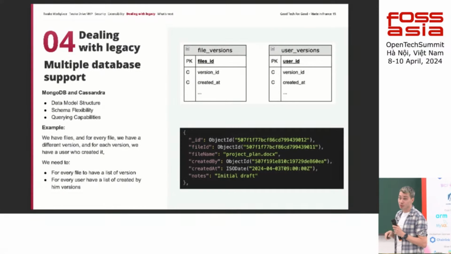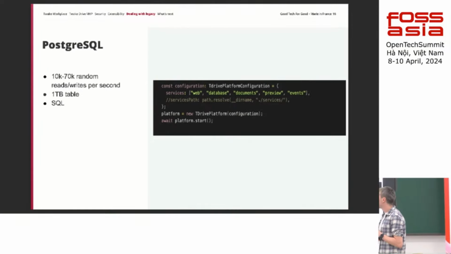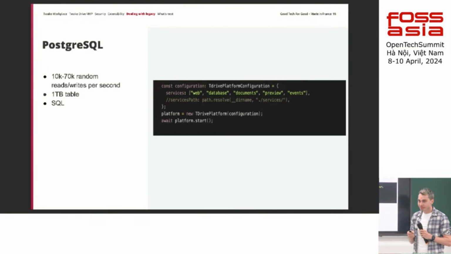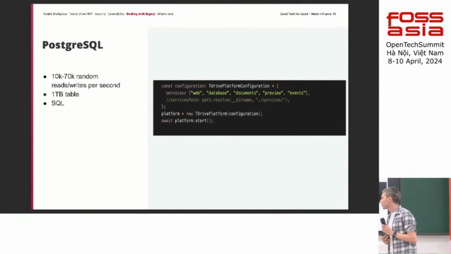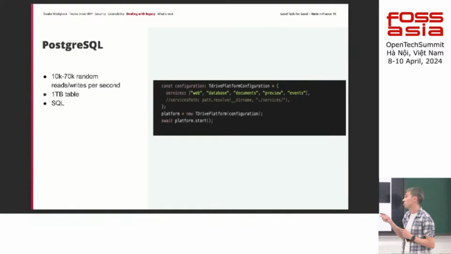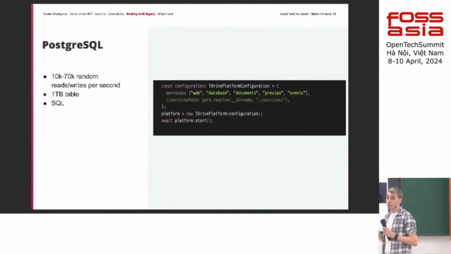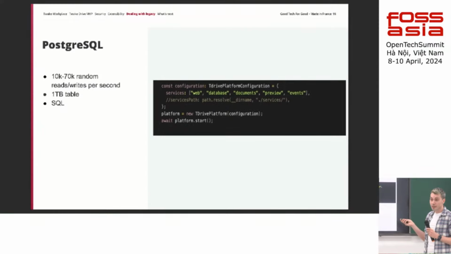So how did we solve this problem? We added support for a third database: PostgreSQL. It's something in the middle. It allows us to have a medium installation, because a single instance of PostgreSQL supports from 10,000 to 70,000 random reads and writes per second. It will support a 1 terabyte table without any very complicated partitioning, and it's SQL.